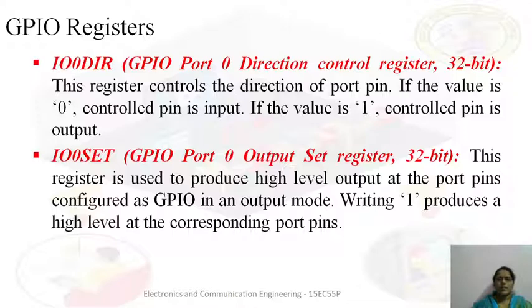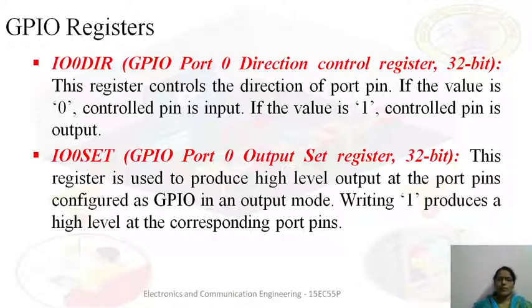Students, before going to study the algorithm and flowchart, first we'll see briefly what these GPIO registers are, since in our program we are using these three registers. Here GPIO stands for General Purpose Input Output registers.